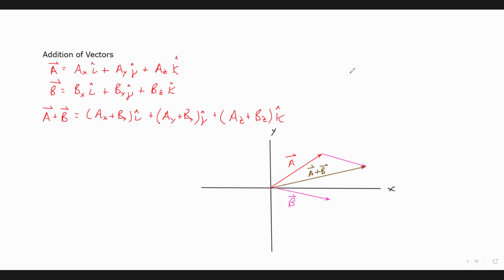And of course, it works in 3 dimensions as well, even though I drew it in 2. Okay, so that's addition of vectors. Now, vector multiplication is more complicated. And vector division doesn't mean anything.